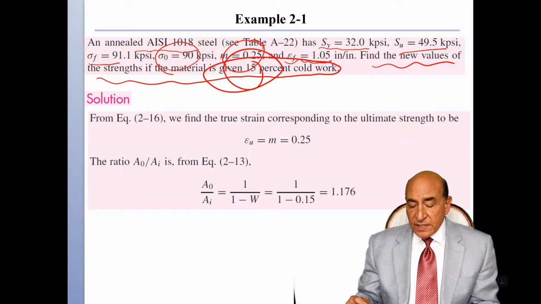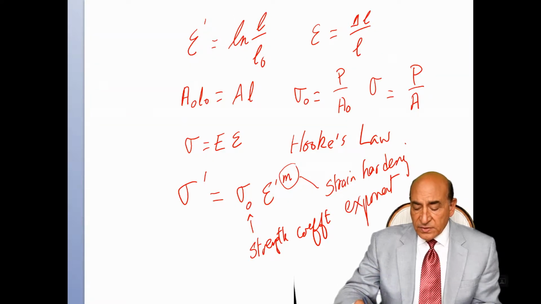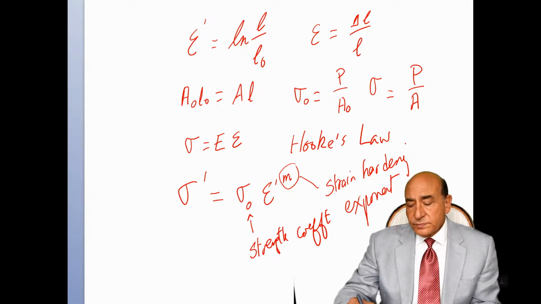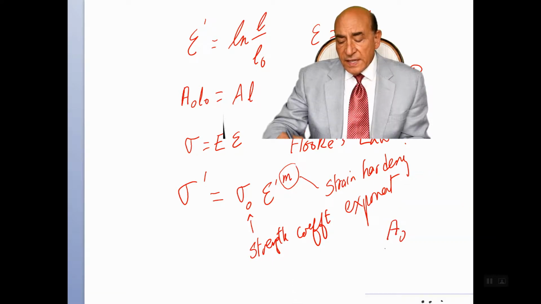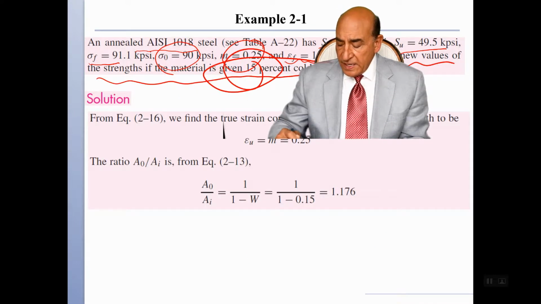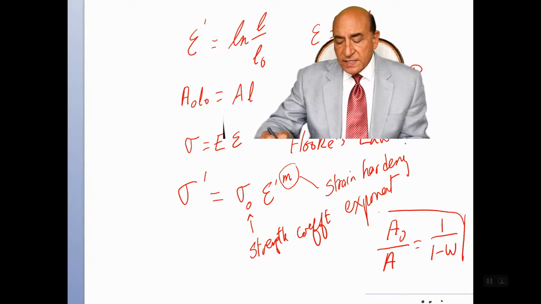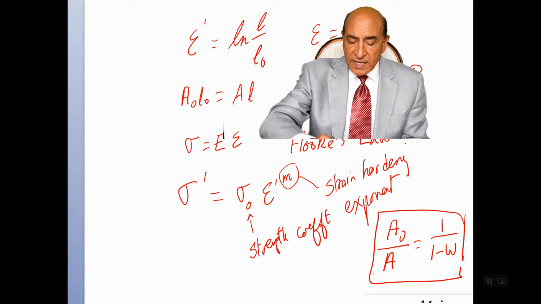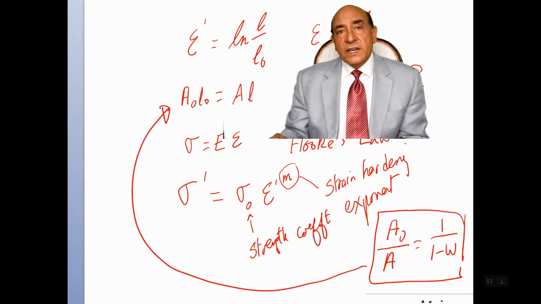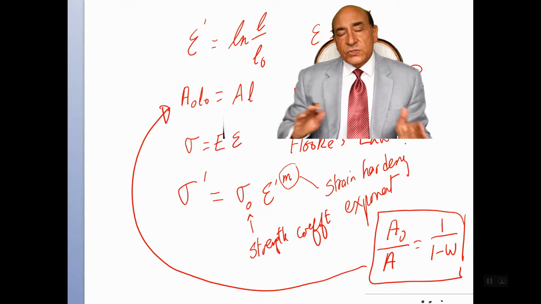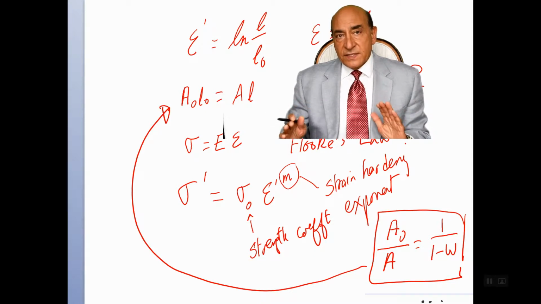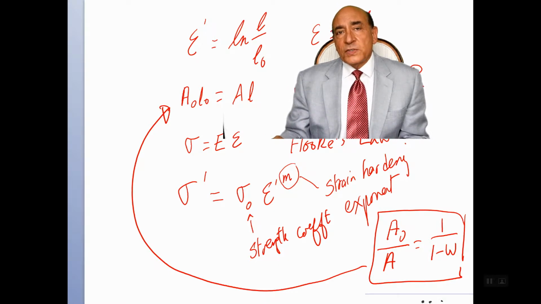So for the reduction in area, we have to write a formula here that A0 is larger than A by 1 over 1 minus W. So this formula here is important because we can also use it with the volume conservation formula to convert it to lengths if needed. Here, we're given a reduction in area of 15%.